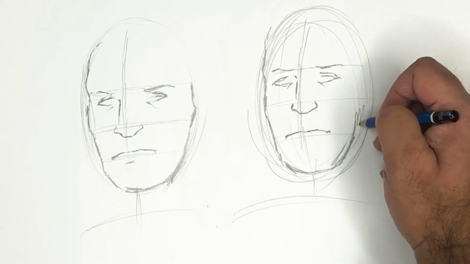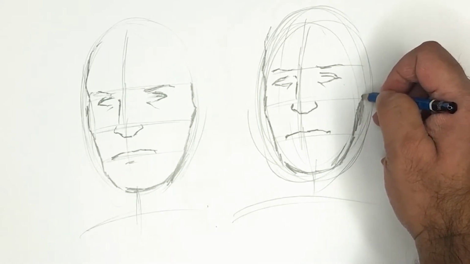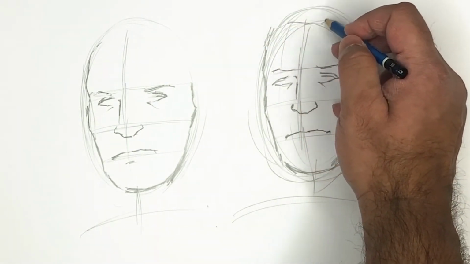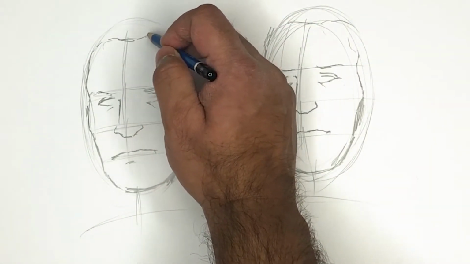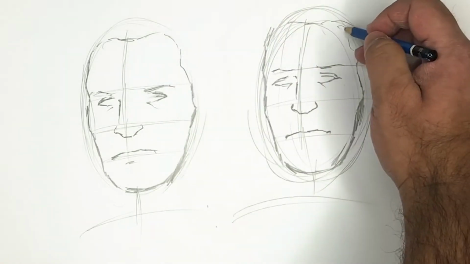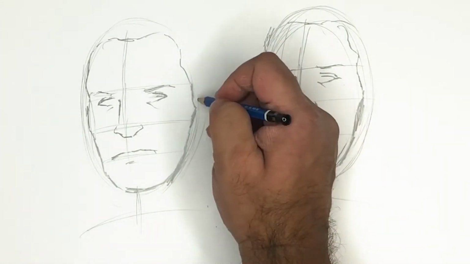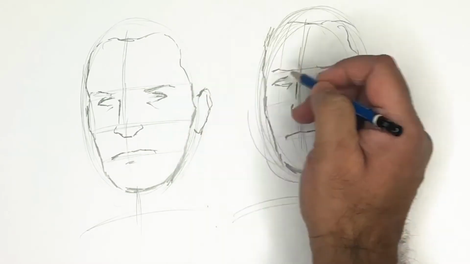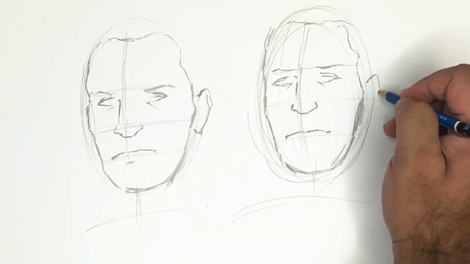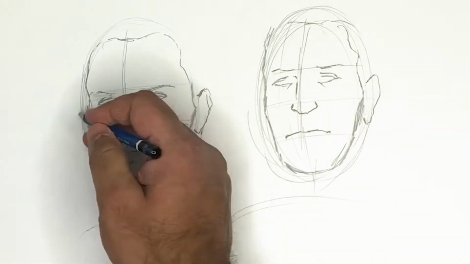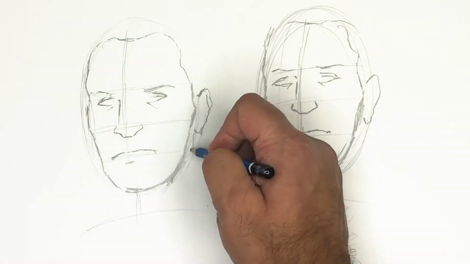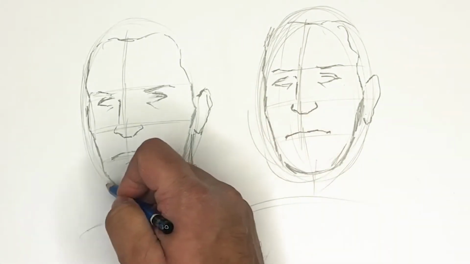It should be again more or less the same, because after all we are comparing, but they do not have to be the exact same thing. Let's say the ear on the other end is not very much visible, so we'll just leave that out.